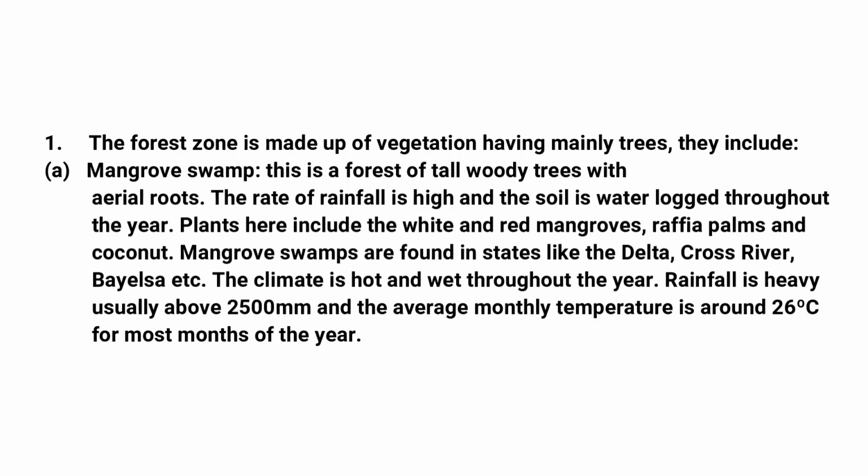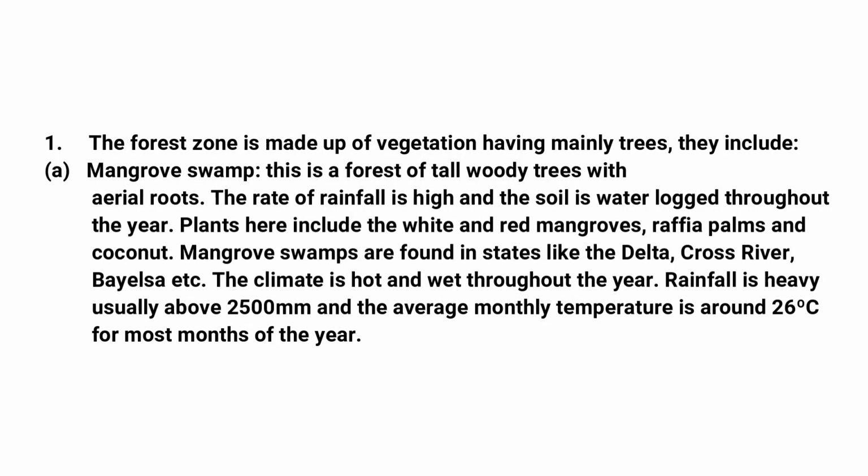The rate of rainfall is high and the soil is waterlogged throughout the year. Plants here include the white and red mangroves, raffia palms, and coconut. Mangrove swamps are found in states like Delta, Cross River, Bayelsa, etc.